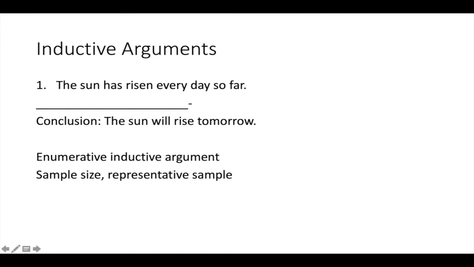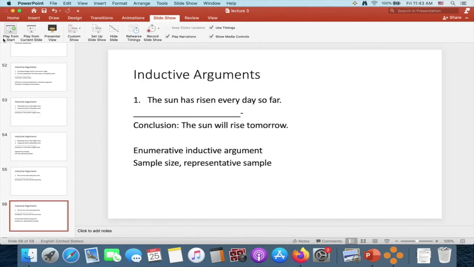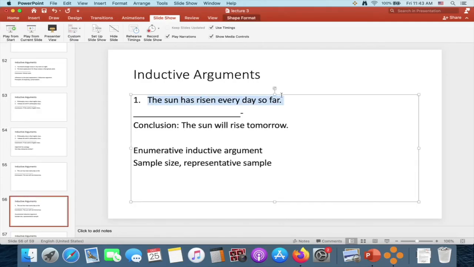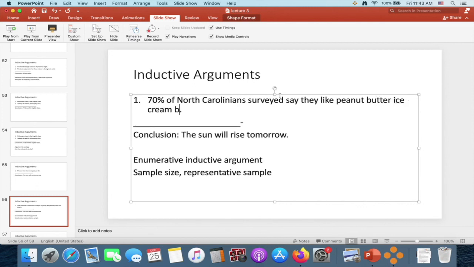So let me give one more example of an inductive argument to make these clear. So if I say 70% of North Carolinians surveyed say they like peanut butter ice cream better than mango ice cream.